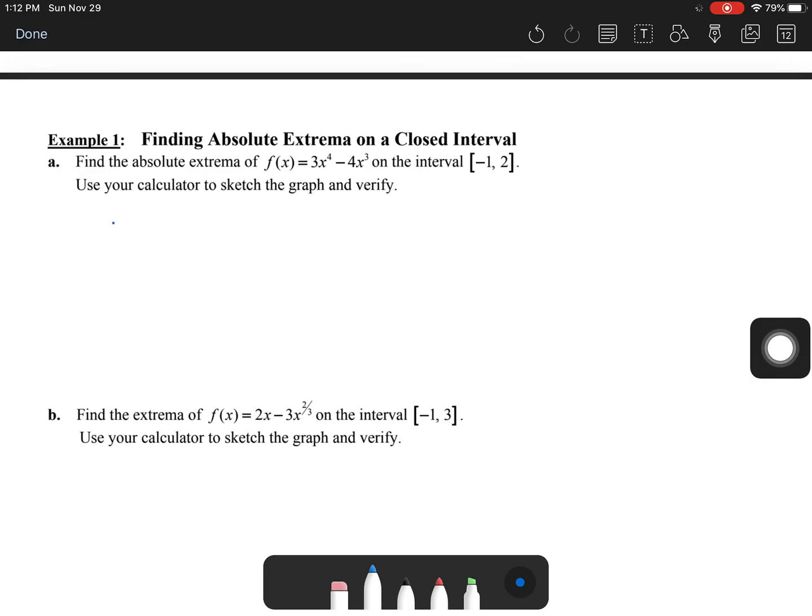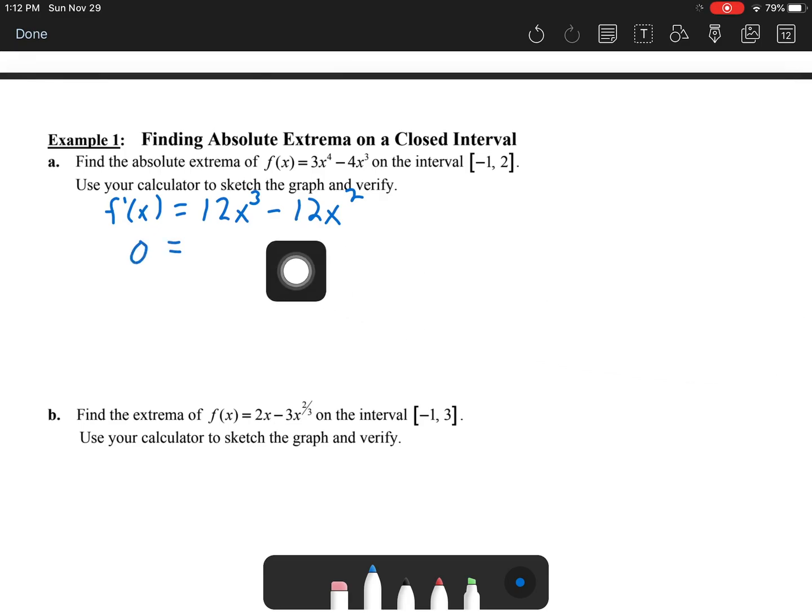Steps, okay, find critical numbers. So we want to find f prime of x. We're going to do our derivative, 12x to the third minus 12x squared, and we want to set it equal to 0. There's not going to be any places where it's undefined, because again, our derivative is still a polynomial. Okay, so let's factor out 12x squared.